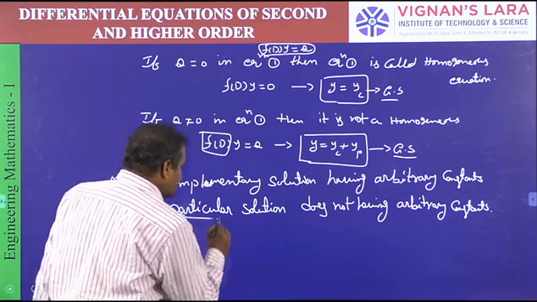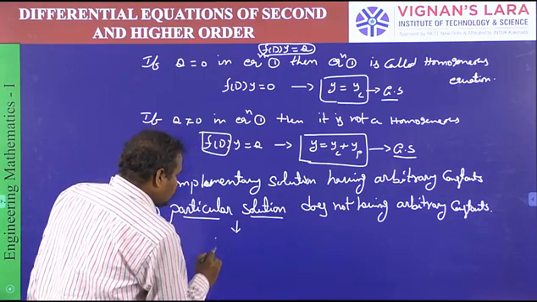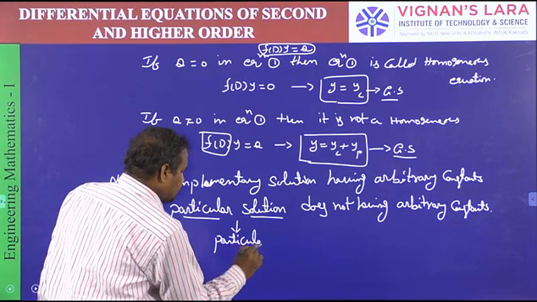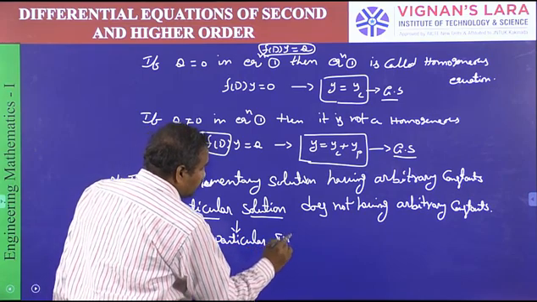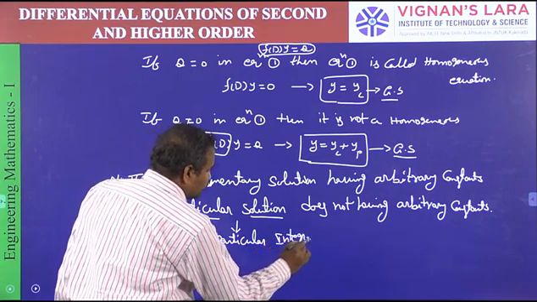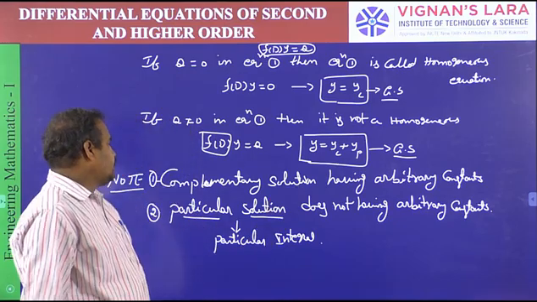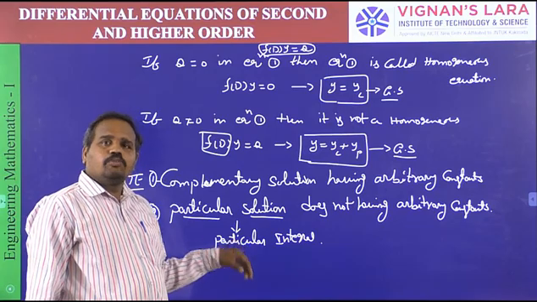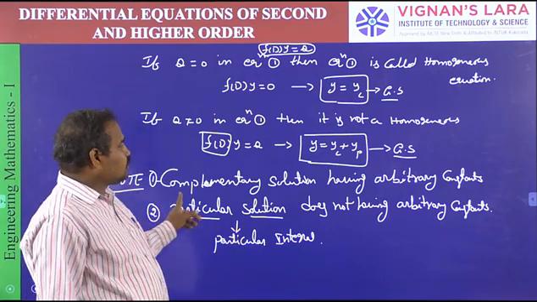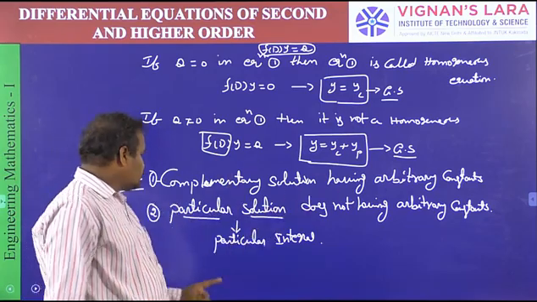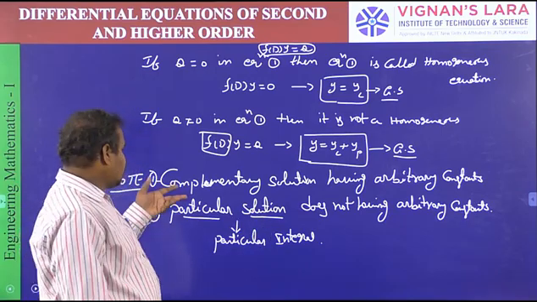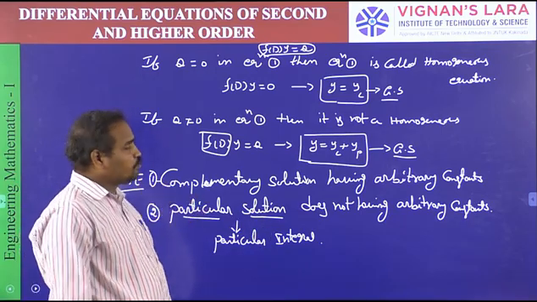In some cases, the particular solution is called the particular integral. So particular solution and particular integral are the same. The complementary solution has arbitrary constants, while the particular solution does not. These two are very, very important points.